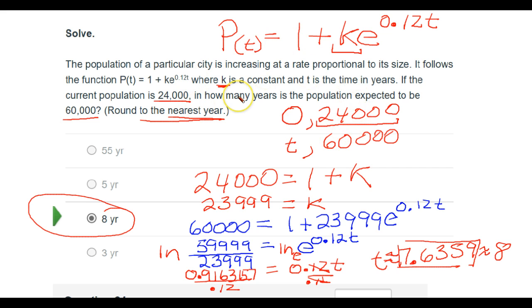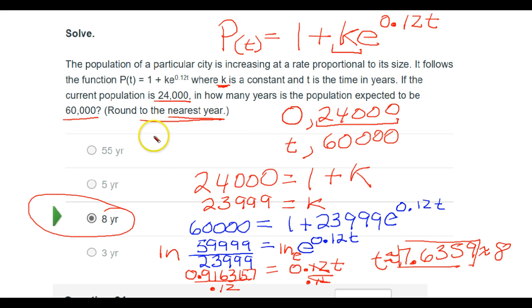Notice it involves lots of things we've done in the past, figuring out what k was, and then using our natural log formula from section 5, I believe, of module 6.